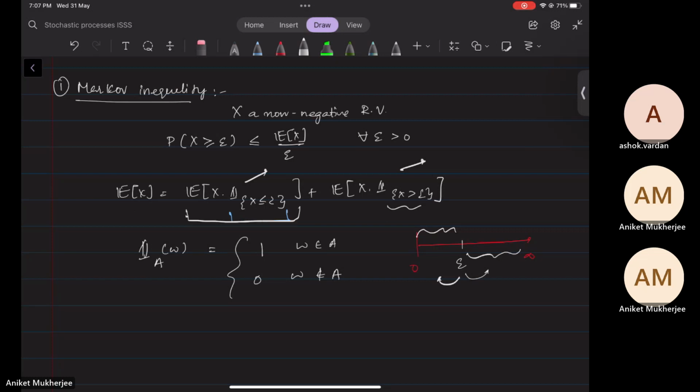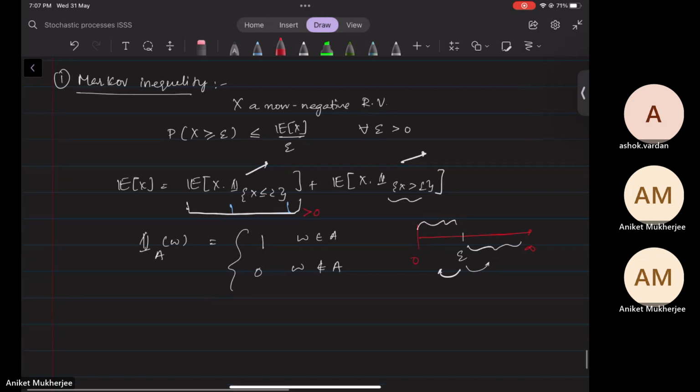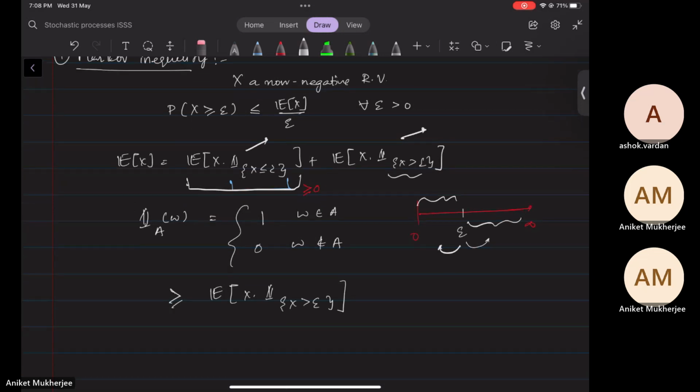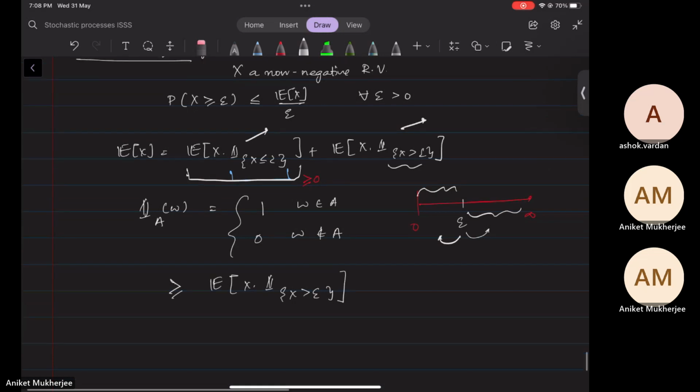So this expectation will always be greater than or equal to 0, so this is less than or equal to expectation x into indicator x greater than epsilon. What I'm doing here is removing a positive term from the summation. If I remove the positive term, the left-hand side value will decrease. So I just remain with this.